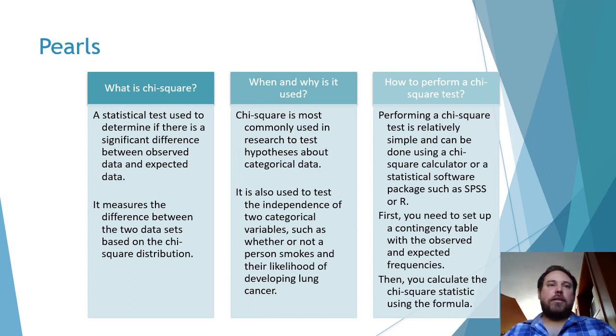At the end of the day, what is a chi-square statistical test? It determines the difference between observed and expected data; it measures the difference between two data sets based on the chi-square distribution. When and why to use it? We are going to use it with independent categorical variables, okay?